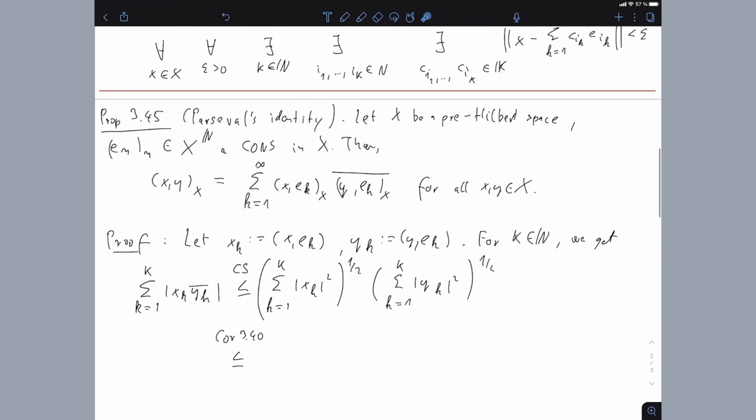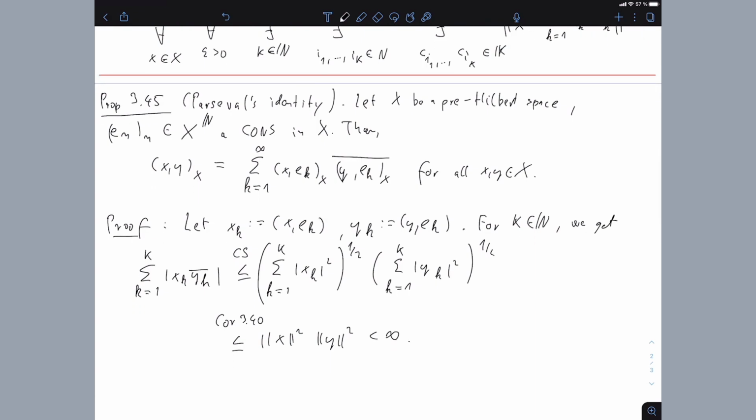So this is now the norm of x, not the two norm, the norm in our space, times the norm of y, and that's smaller than infinity. So in particular, this bound here is independent of k. So we know that this series of absolute values has to converge.